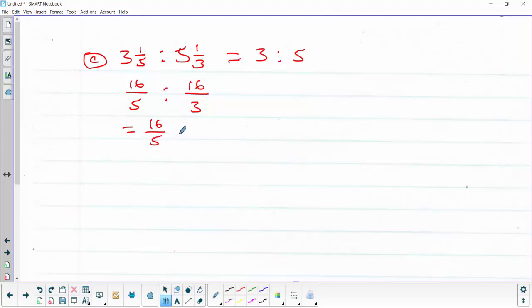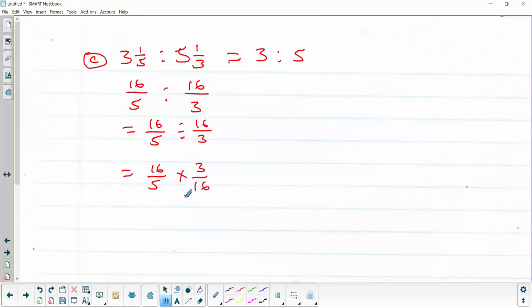So we have 16/5 divided by 16/3. We can change the division to multiplication, which will give us 16/5 multiplied by, once you change it, we have to change this one as well, which is 3/16.